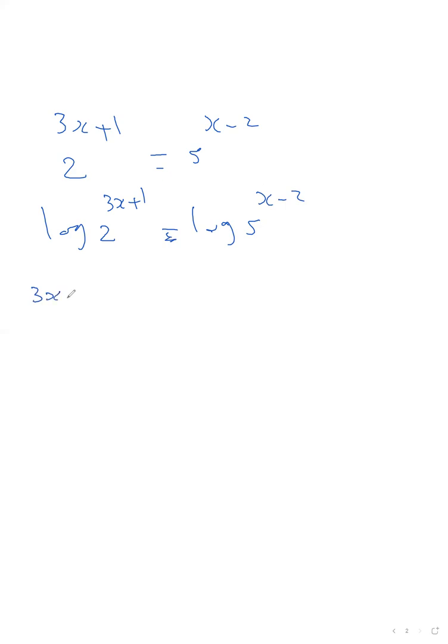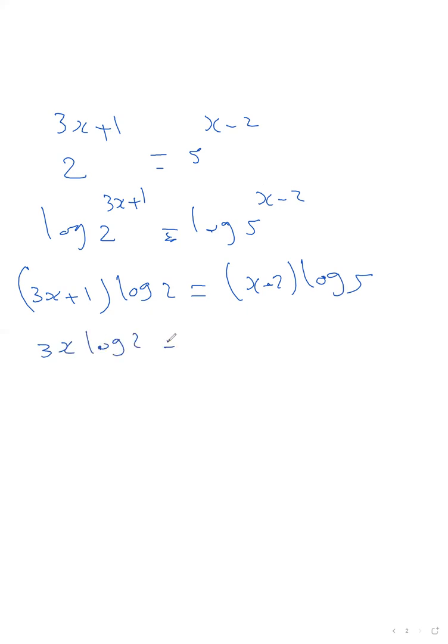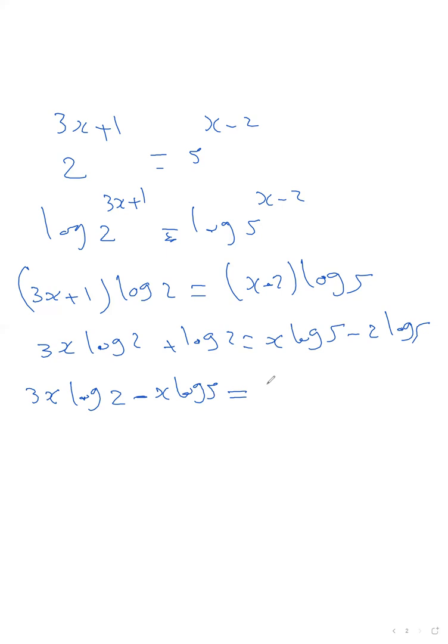It will be 3x plus 1 log 2 equals x minus 2 log 5, and distribute it: 3x log 2 plus log 2 equals x log 5 minus 2 log 5, and put x together, it will be 3x log 2 minus x log 5 equals negative 2 log 5 minus log 2.